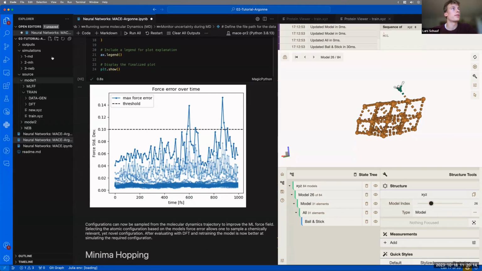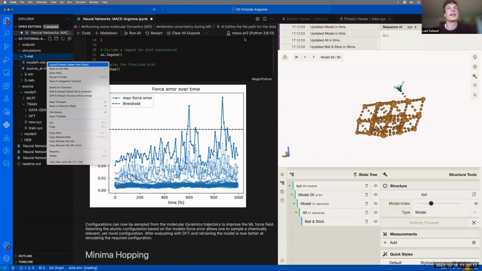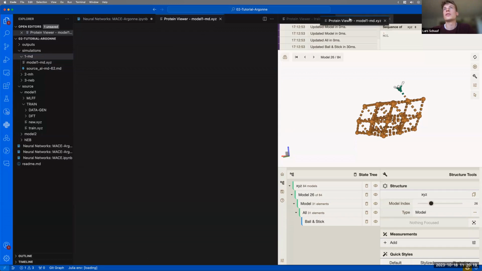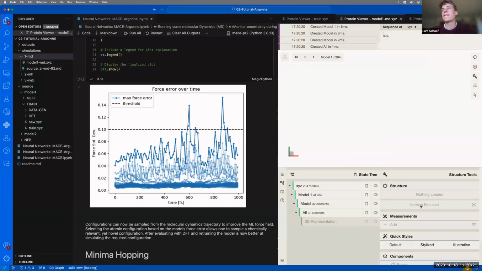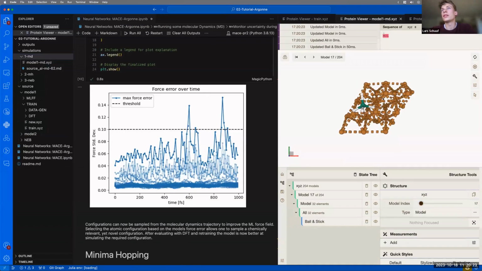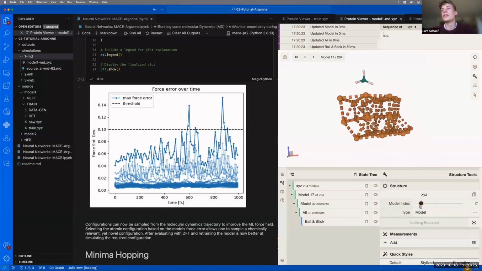So let's have a quick look here in MD simulation at the simulation we ran. Move this over here. And so here this is the simulation that it ran. Looks pretty physical, methane on top of copper. And here you can see the uncertainty in the forces along a trajectory.